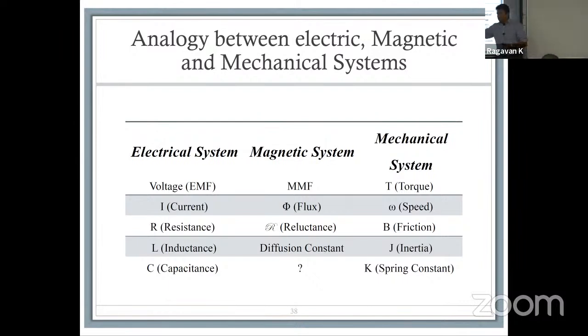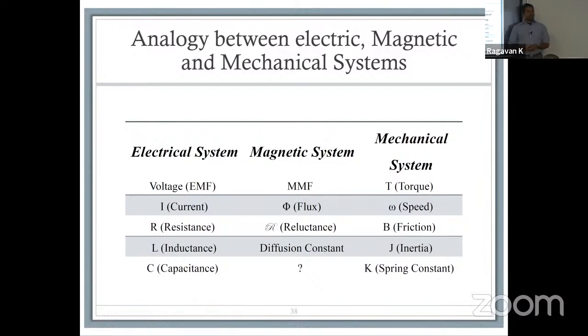The flow is opposed by resistance, reluctance, and in a mechanical system by friction. For energy stored, you have inductance, diffusion constant, and inertia, J, basically Newton's first law. It essentially continues to stay in a state of rest or motion, right? The last one, the magnetic system does not have an idea for, is where you can store voltage. We don't have necessarily a mechanism for it, I don't know that we have a mechanism.